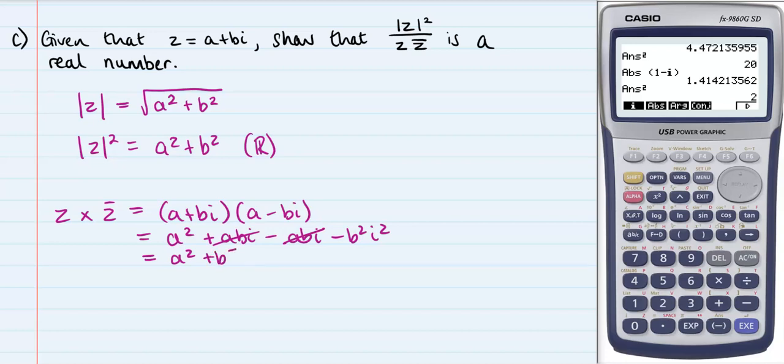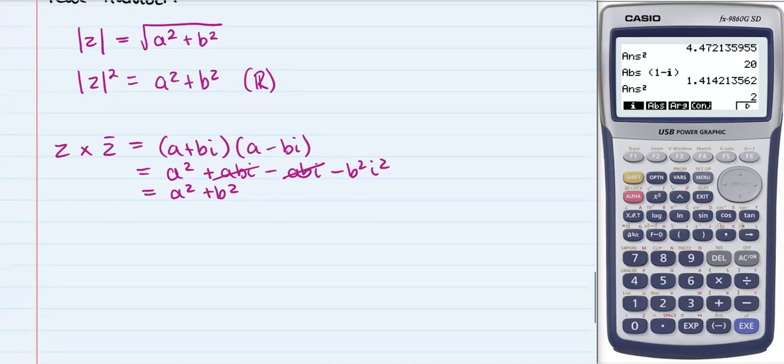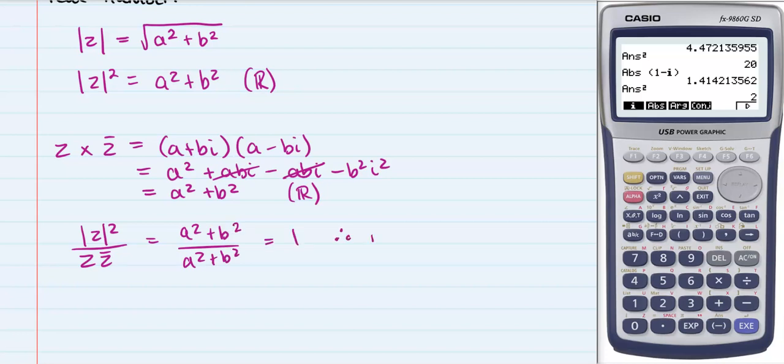We get a squared plus b squared. So then that is also real. The modulus of z squared over z conjugate is equal to a squared plus b squared over a squared plus b squared, which is 1. Therefore, it's real.